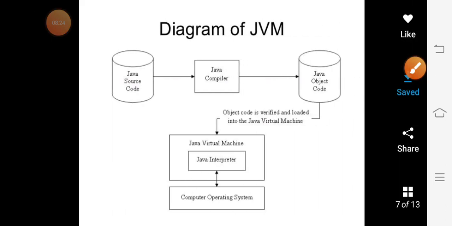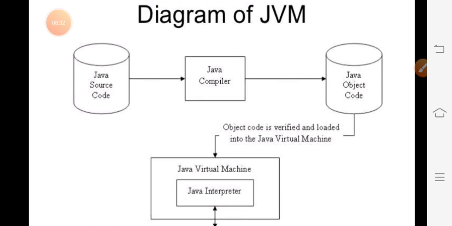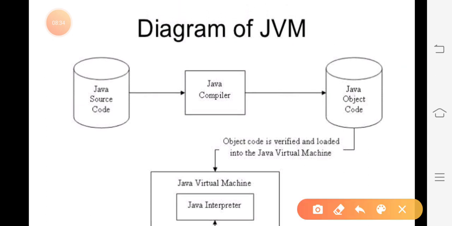Next, diagram of JVM. Look at here now, try to understand the process, Java compilation process here. Now we have written here about Java source code.